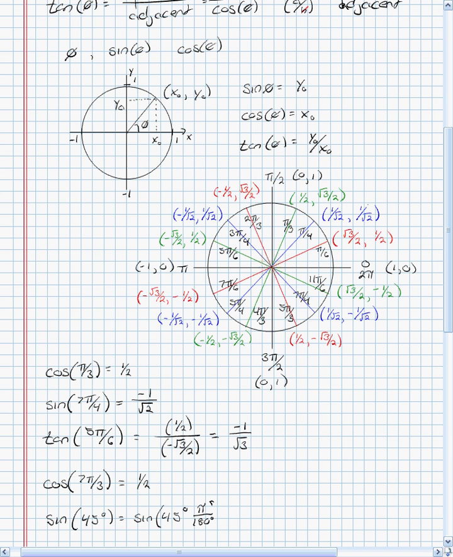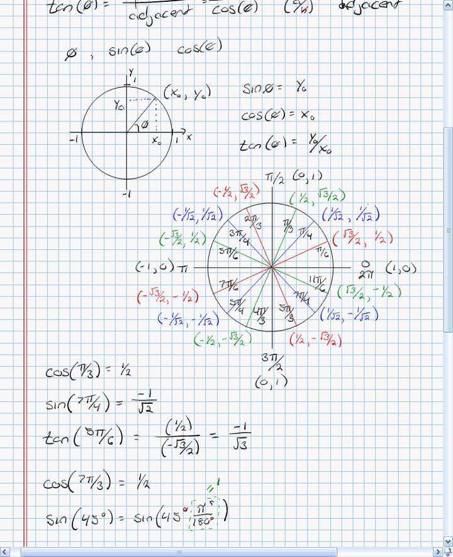So this part right here is equal to 1, so we're really not multiplying by anything but 1. And if we notice that degrees over degrees cancels out, we'll end up with radians.